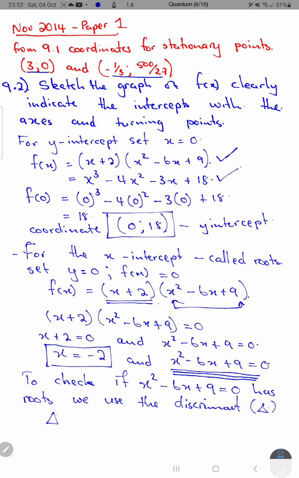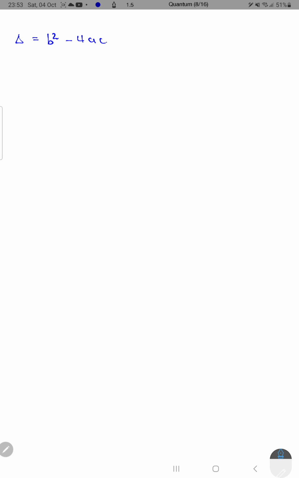The delta is equal to b squared minus 4ac. Why did I go this route? Because I just wanted to teach about the discriminant. So delta equals b squared minus 4ac is to check if the trinomial has got roots.